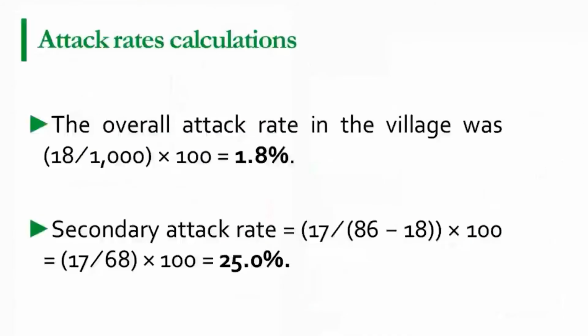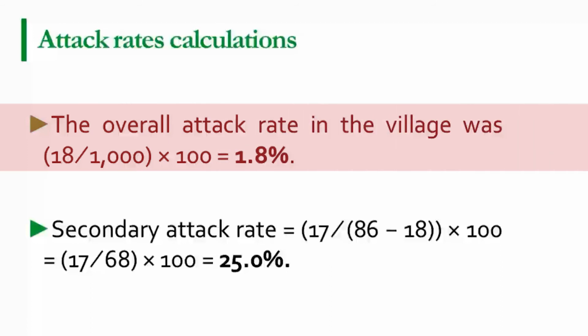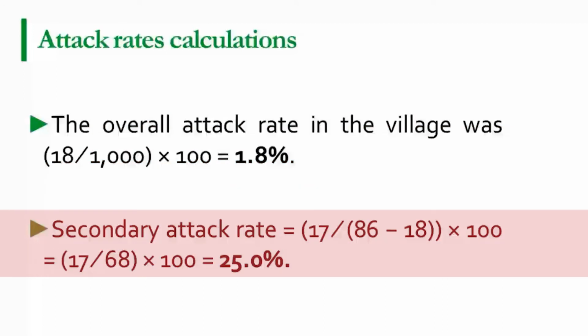And if we do the calculations, it's like the cumulative incidence calculation. We would have 18 animals over 1,000, which is the overall attack rate for the whole population of the village, 1.8%. And then for the secondary attack rate, within those specific farms which had the infected primary animals, we would have 17 animals, which were the secondary cases, over 86, which is the total population of the 18 affected farms, minus the 18 first cases.